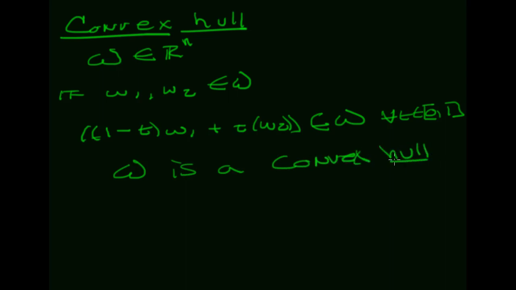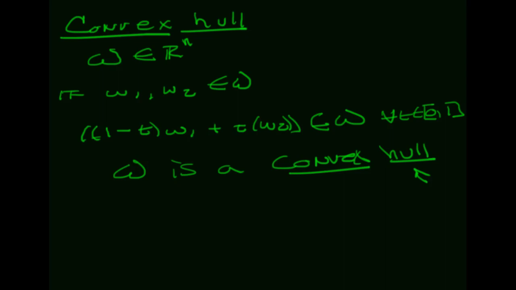Okay, so if that convex hull also happens to be an n-dimensional polyhedron, bound by planes that are in the n-1 dimension, like in 3 dimensions the planes are 2-dimensional, in 4 dimensions the planes are 3-dimensional, and so forth.